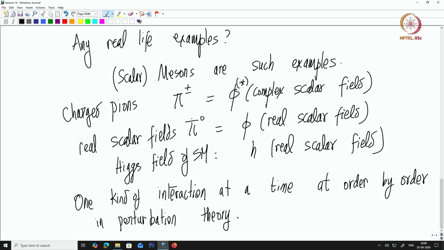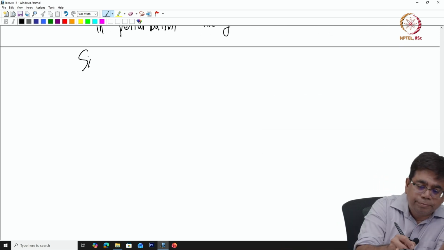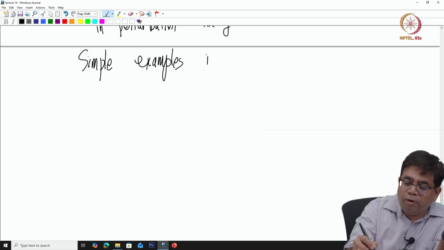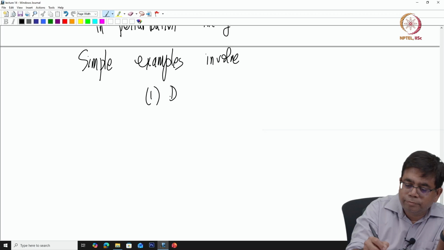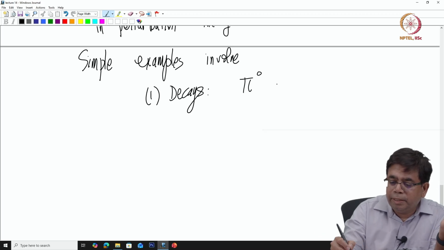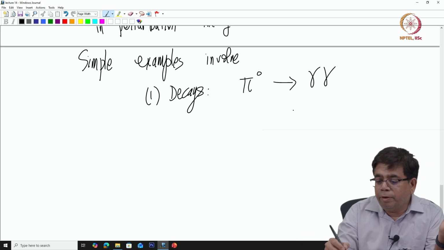in the S matrix and look at processes. Okay. So, to be simpler, let us start looking at simple examples, which involve decays for example. If there is a pion, it can decay into 2 photons, or 2 electrons or 2 muons.